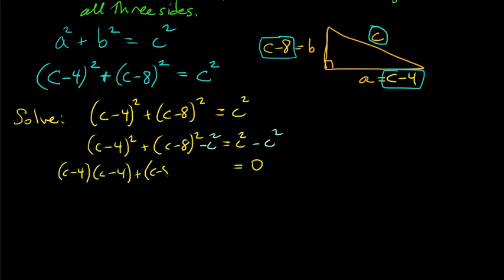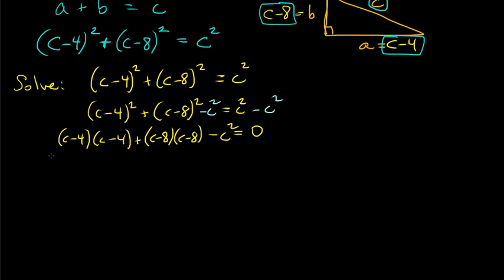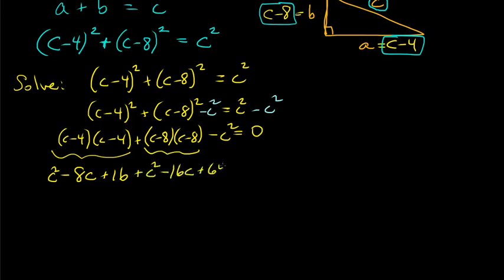Same thing with C minus 8 times C minus 8. And then we still have the minus C squared. So if you FOIL this out, you're going to get C squared minus 8C plus 16. And if you FOIL this out, you're going to get C squared minus 16C plus 64. And then don't forget the minus C squared here. And that still equals 0.